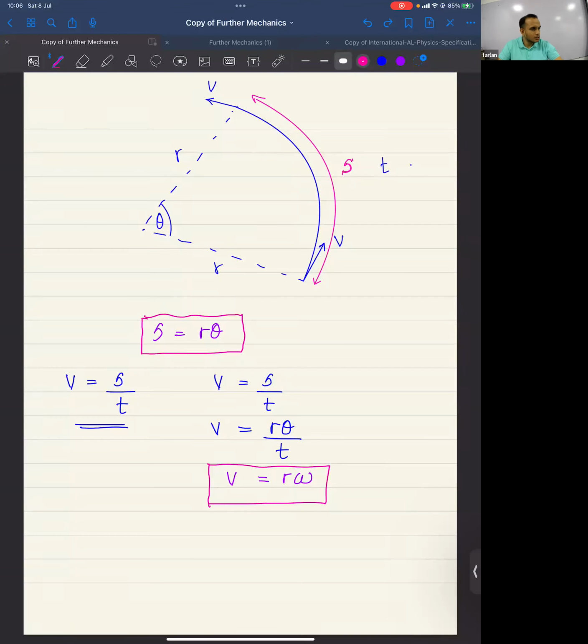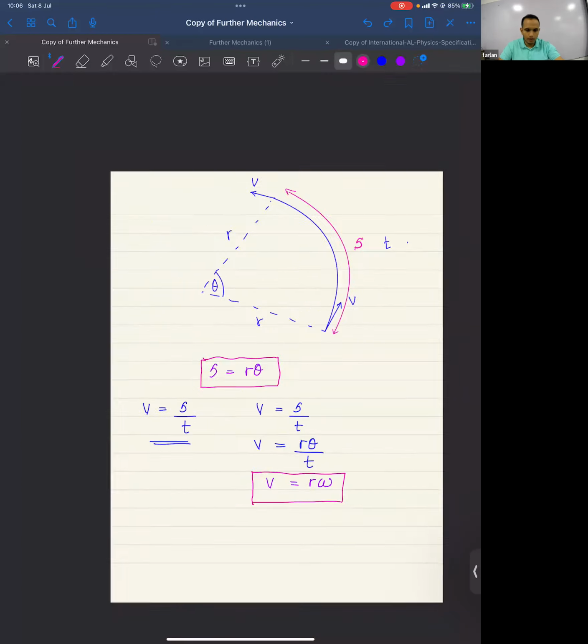Omega is angular speed or the angular velocity. Done? Right.